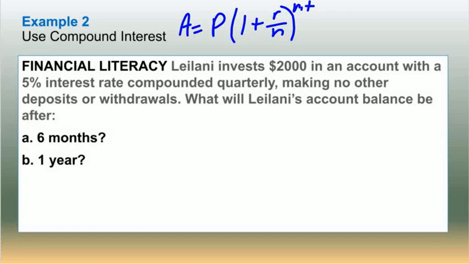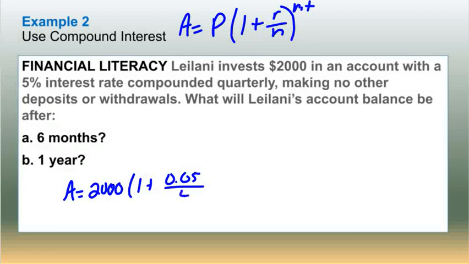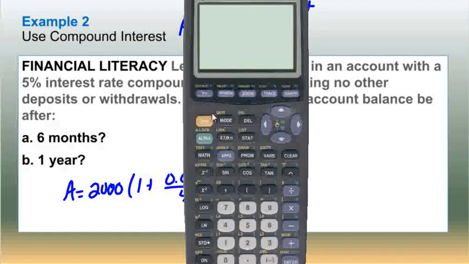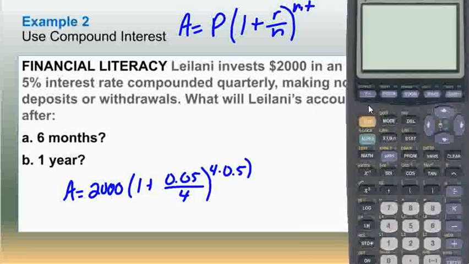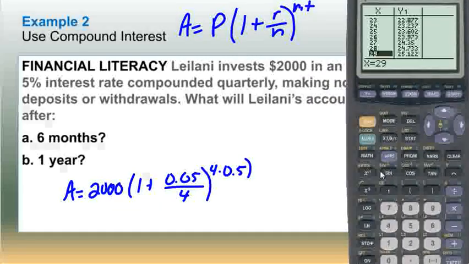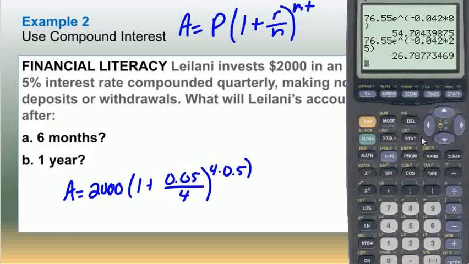So that would be 0.5. We'll put our formula in. We have a principal amount of 2,000 times (1 plus the rate as a decimal of 0.05 divided by 4, since quarterly means 4) raised to the 4 times 0.5 years. So this is where I grab my calculator. Clear everything.